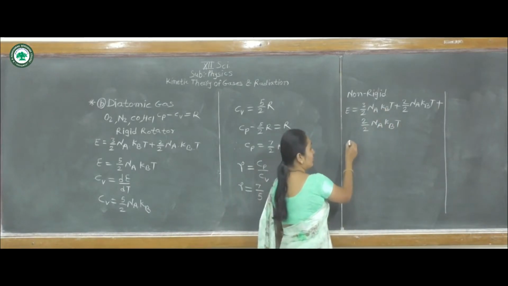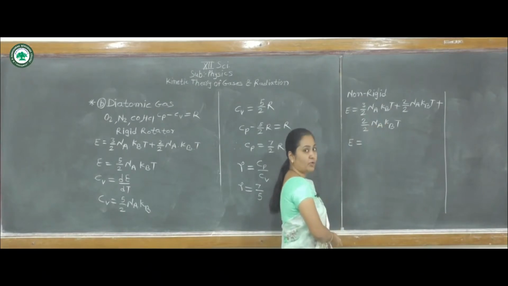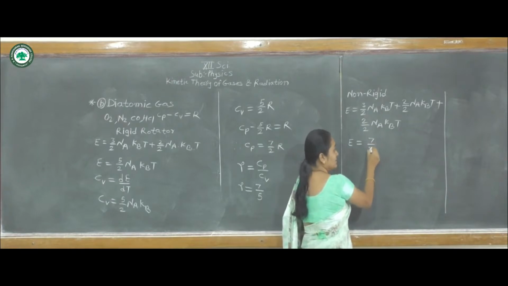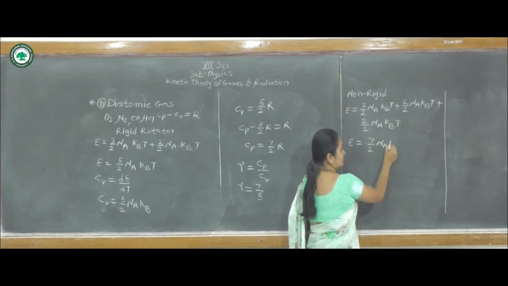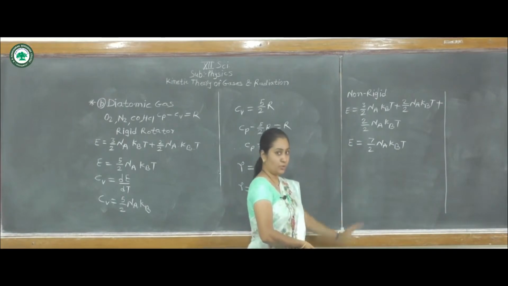So we can solve this value: 3 plus 2 plus 2, so we can write 7 upon 2 Na into Kb into T.